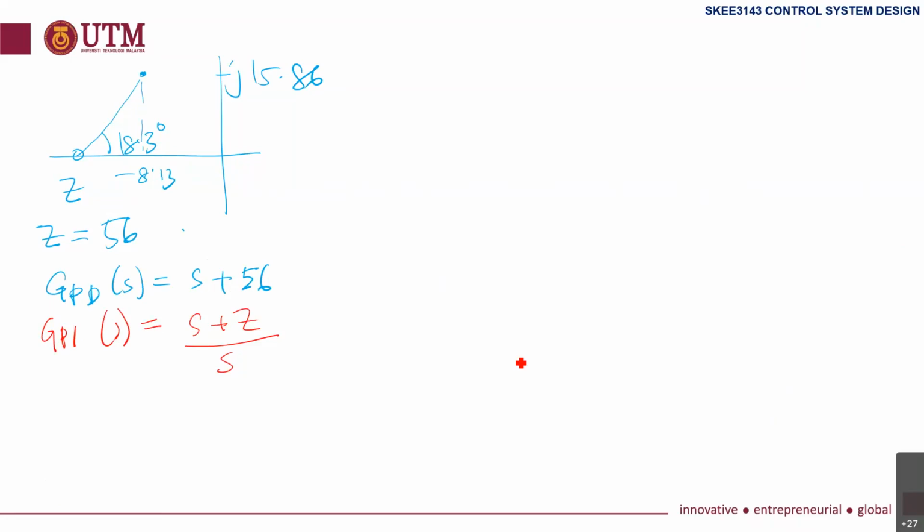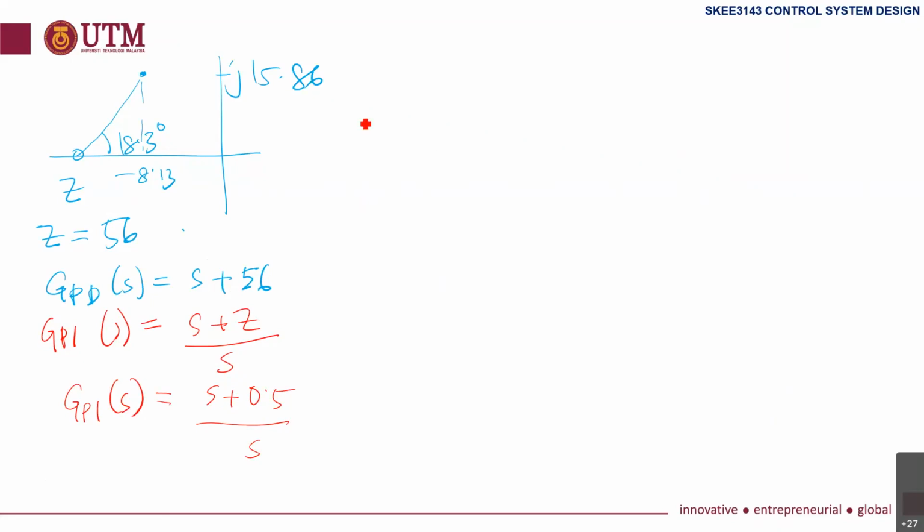You can choose a small value, can be 0.1, can be 0.01, can also be 0.5 if you want. Everyone will choose their own Z, which is small. In this case, I just choose 0.5, just as an example.